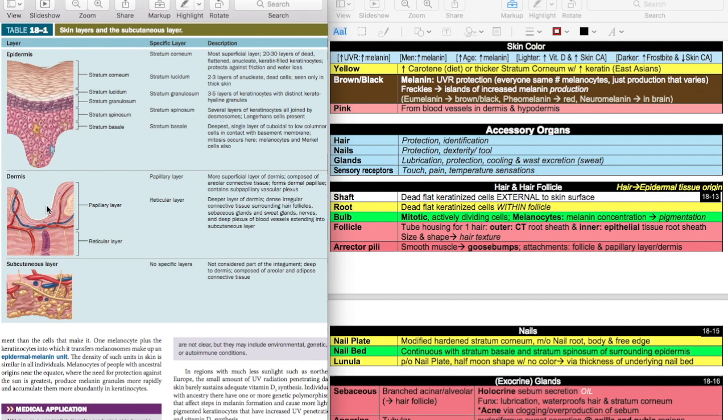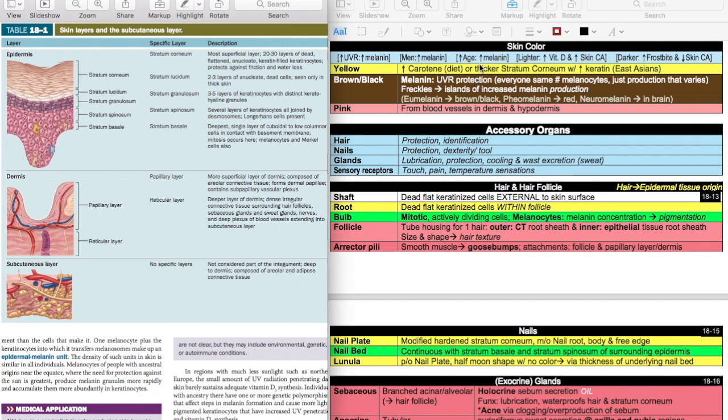So you've got the epidermis, dermis, and subcutaneous layer with their little pictures and descriptions over here on the right, with the specific layers. Go ahead and review this if you think you need to. You can pause the video and read through all of this. I'm not going to read through it again, but I just want to highlight that it is a nice table.